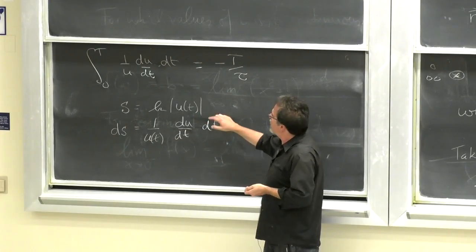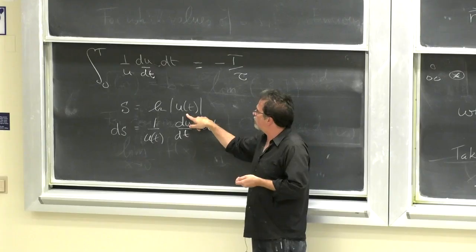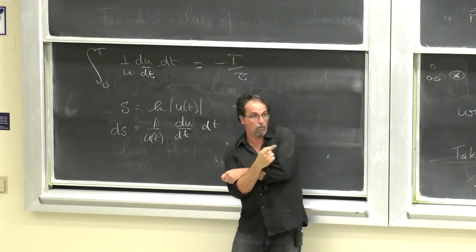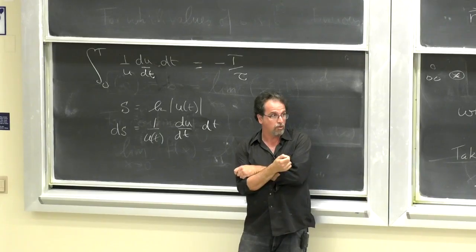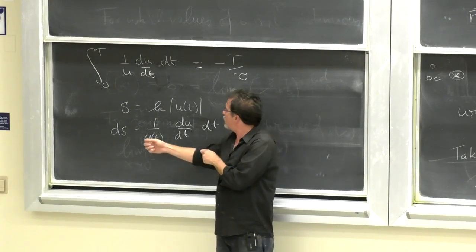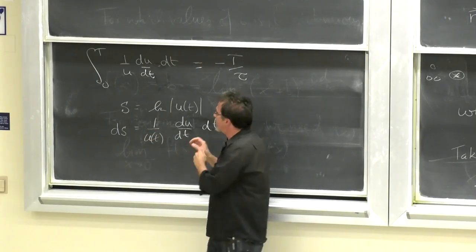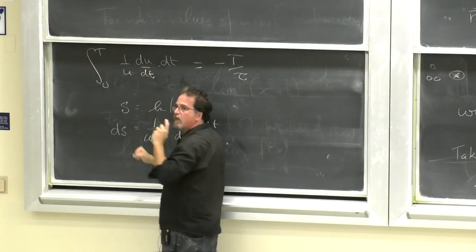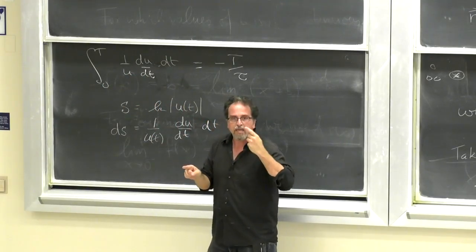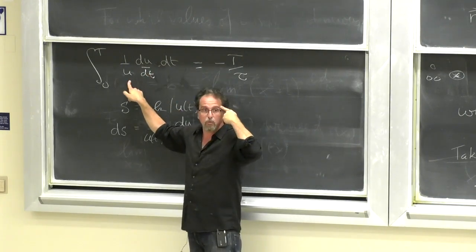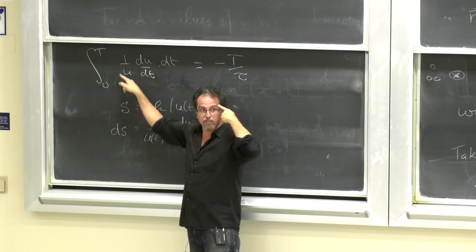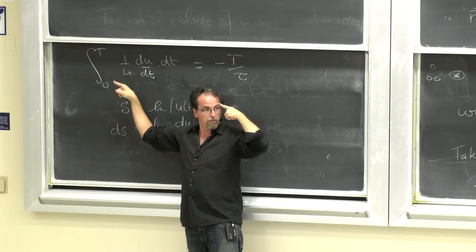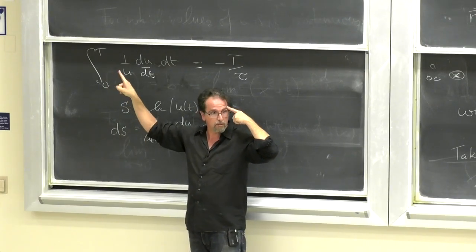In other words, if I let s equal the natural logarithm of u, then ds is all of this stuff. And now you know why I chose s to be this natural logarithm, because that substitution turns all of this into something really simple. What it does is it pushes my ignorance of u out of the integrand and into the endpoints of integration. My ignorance is going to go to the endpoints. And watch how it does that.